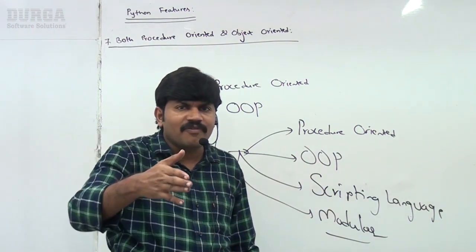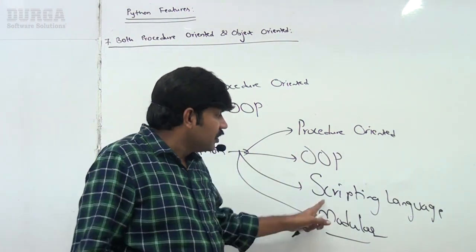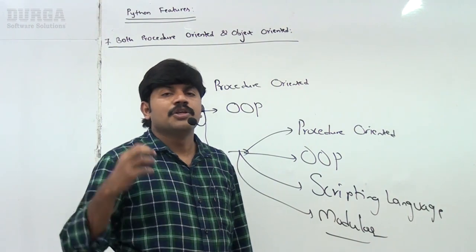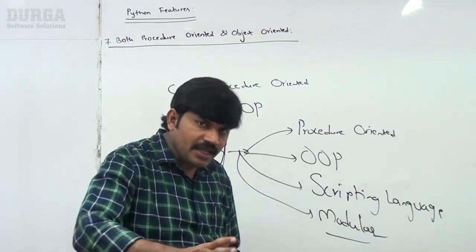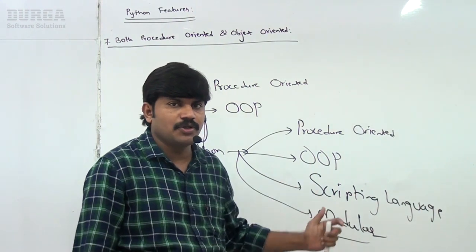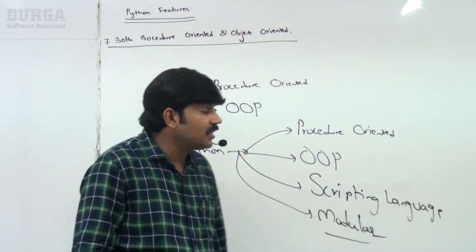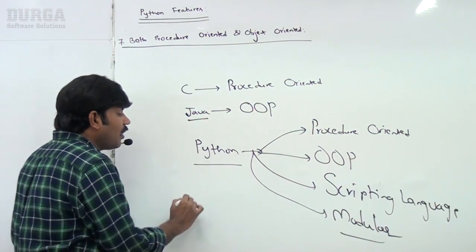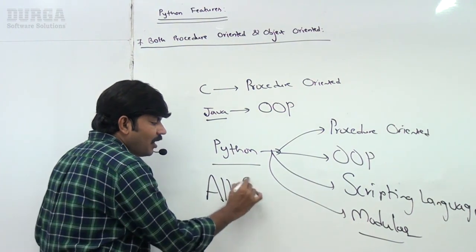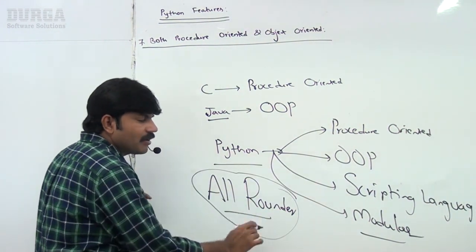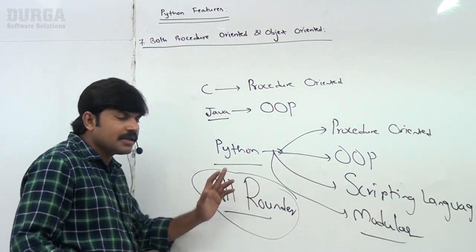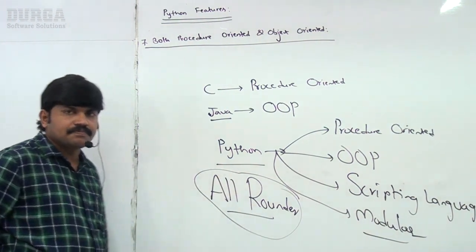If just a group of lines, line by line I want to execute, that is scripting. All facilities are there. Based on your programming requirement, you can use Python in any style, so it's more flexible to use. Clear, right? Python is an all-rounder. All benefits we are going to get in Python, remember.